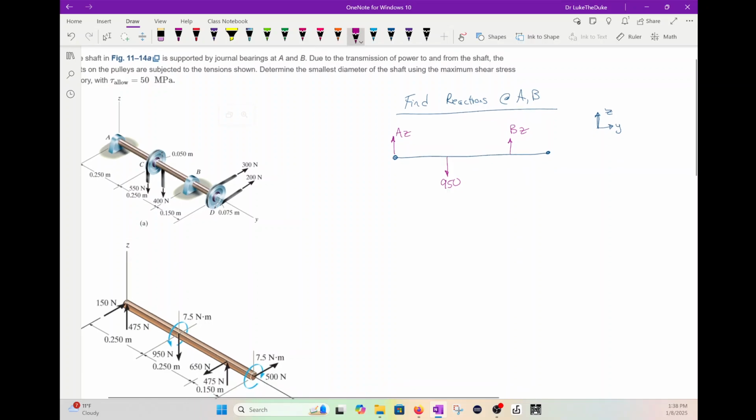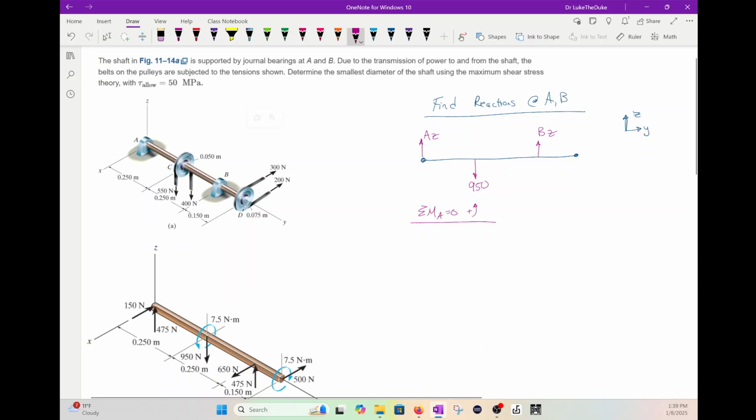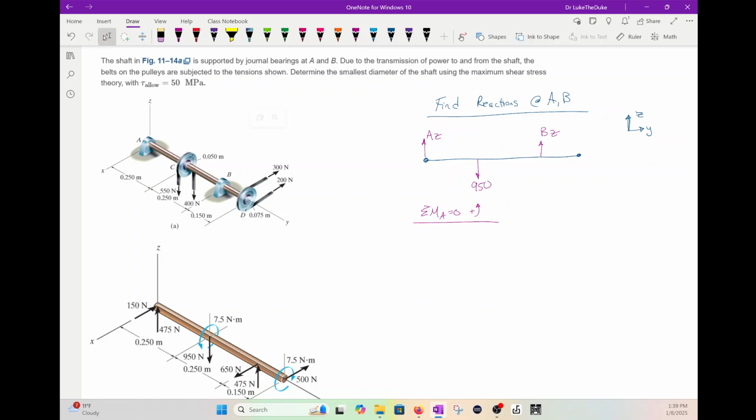So what we can do is we can sum the moments at A, set it equal to 0, assume that way is positive. So what we're doing is we're rotating around the x-axis. So we have BZ times 0.5 meters minus 950 newtons times 0.25 meters equals 0.